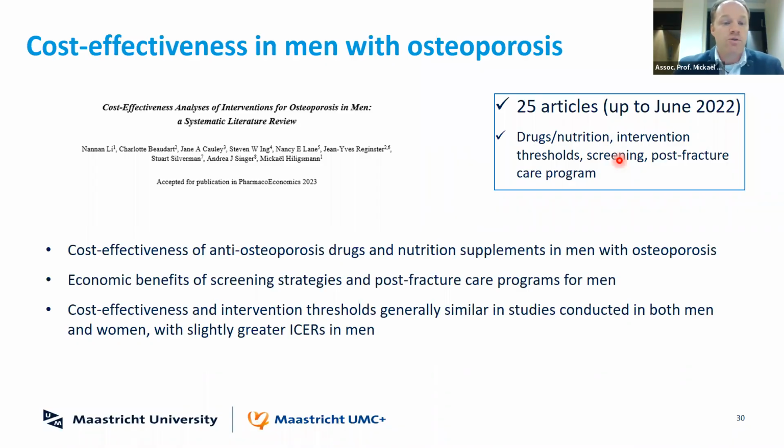This review concludes the cost-effectiveness of anti-osteoporosis drugs and nutrition supplements in men with osteoporosis. It also concludes the economic benefit of screening strategies and post-fracture care programs for men.